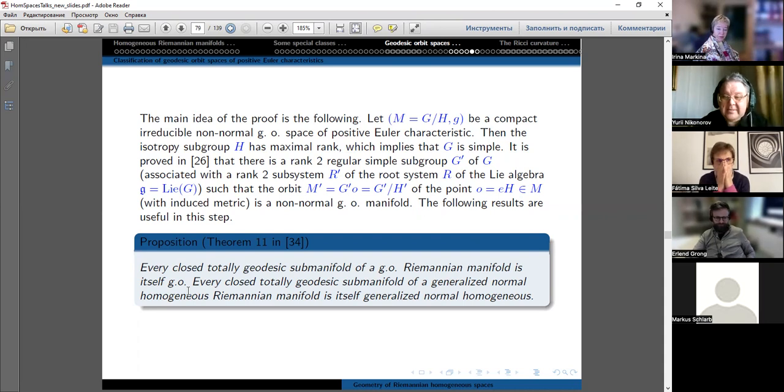And this is a very good geometric class, because, for example, every totally geodesic submanifold of such a manifold is also geodesic orbit. It's a very good geometric property. Therefore, we have a good closure from the geometric point of view. I hope I explained a little why this class is important for geometry.